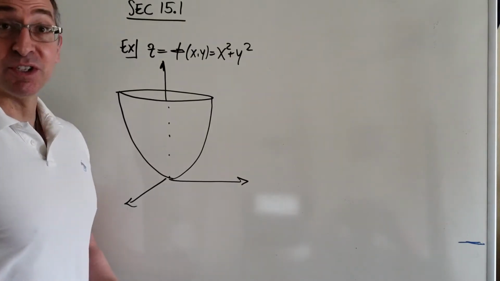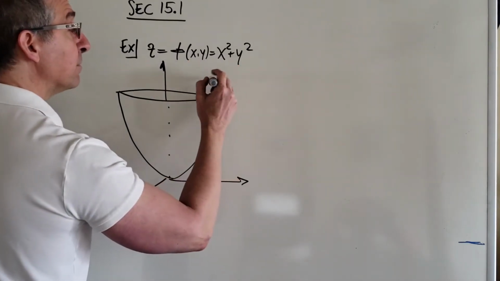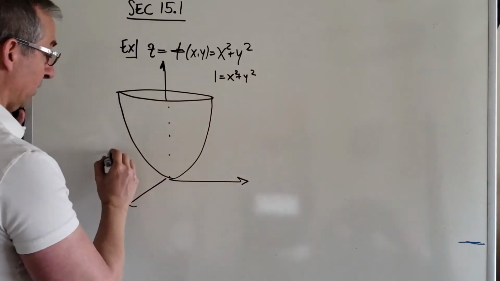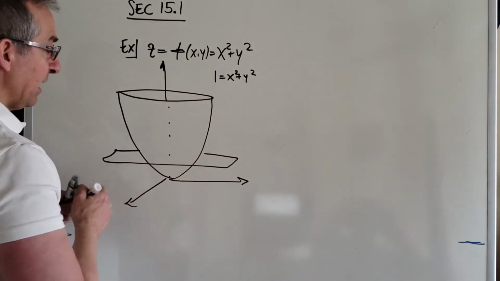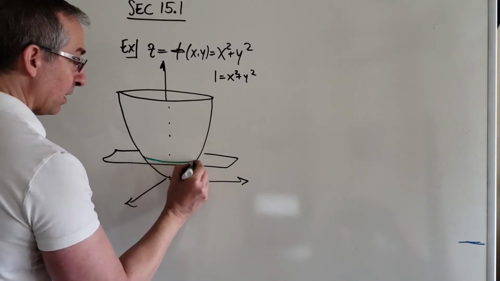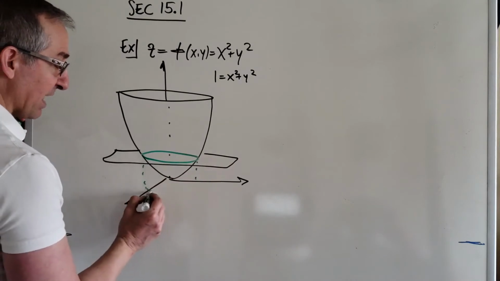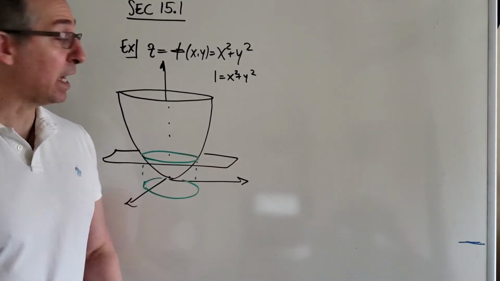What do you think those are going to be? Yeah, circles, gang, good, circles. So for example, for z is equal to 1, that would be like right here. Okay, the trace like this. And then, of course, you project that down onto the xy plane. So that would be the circle centered at the origin, whose radius is 1.